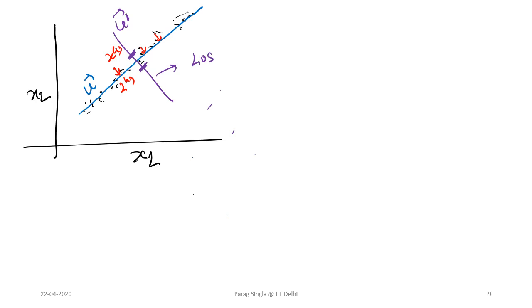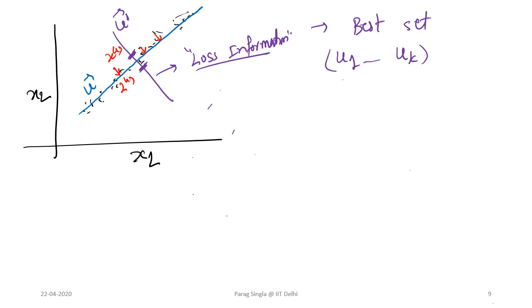This leads to a large amount of loss of information in the data. So what we are looking for is the best set of u1 to uk, and for now let's say k is given to us, which minimize this loss of information as data is projected. That's the intuitive argument.